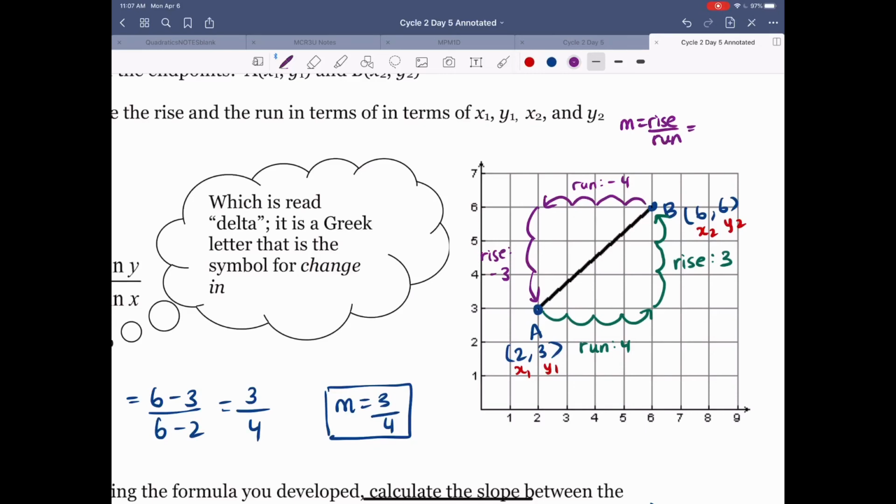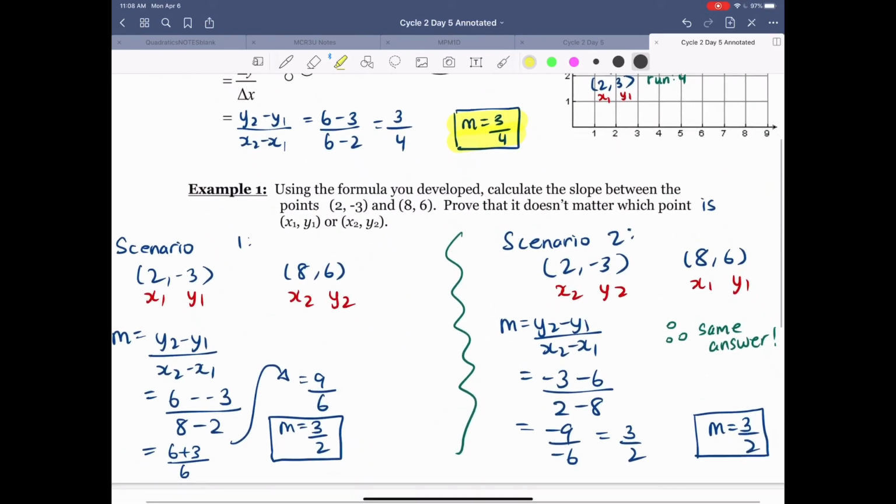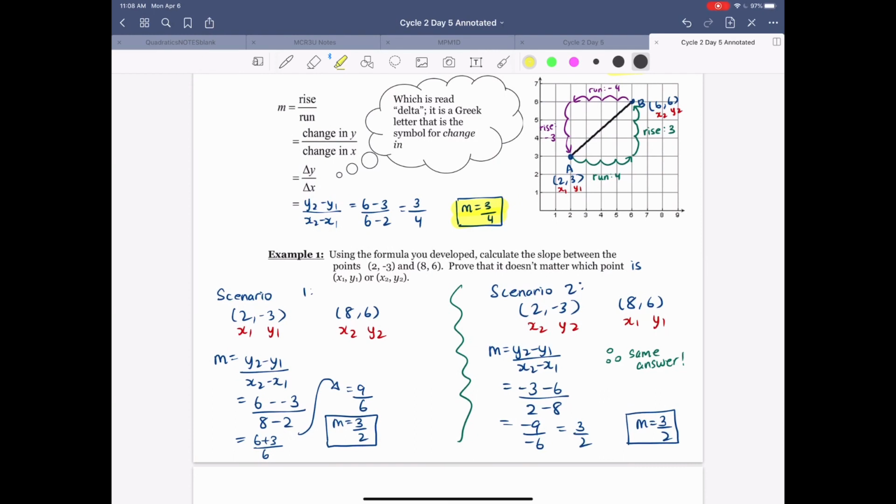Therefore, rise is negative 3, run is negative 4, and slope is 3 over 4. So as you notice, the slope is the same regardless of how you look at it. And that's why the comparison between two coordinates works both ways.